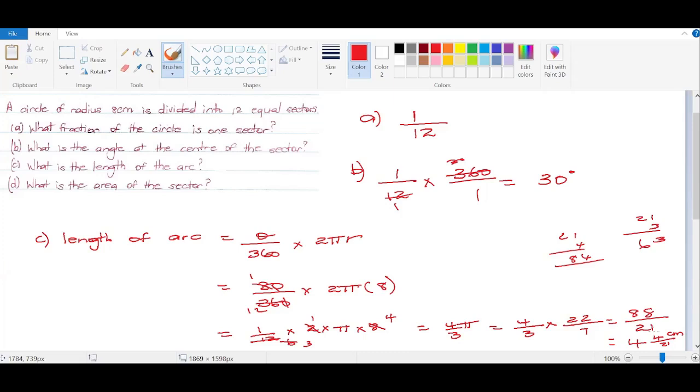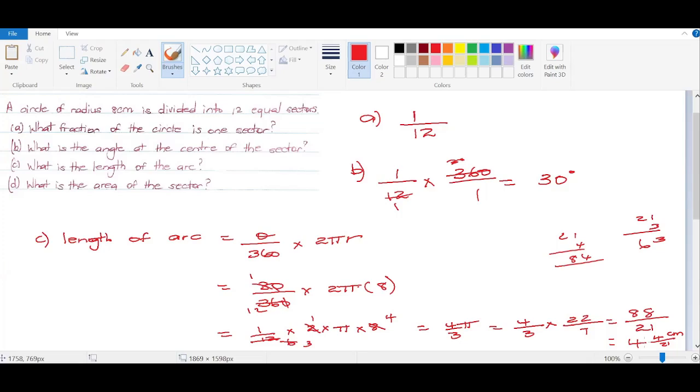But we could have just used the calculator from all the way here. I'm plugging it in now: 1/12 by 2 by pi by 8. And I'm using 22/7 for pi.